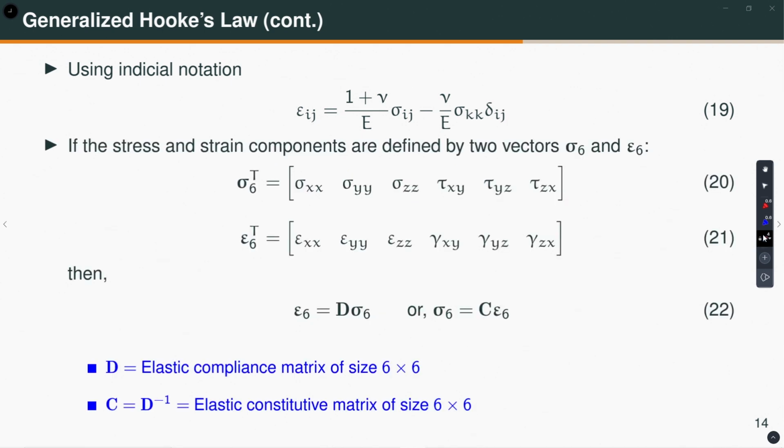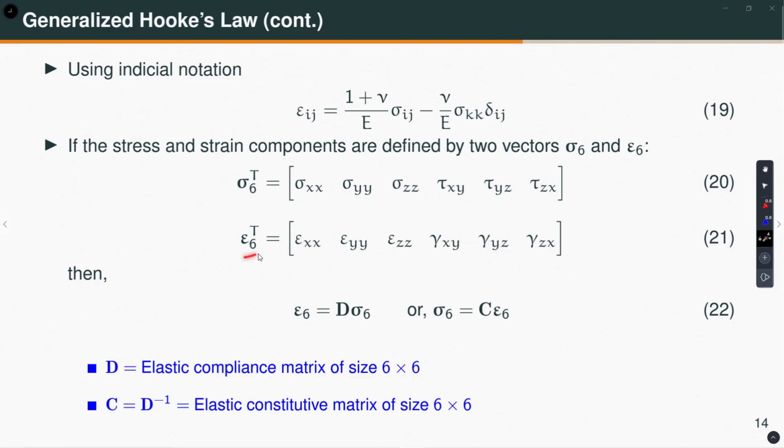What if I write all the stress and strain components into vectors? Let us say all the stress components I write in a vector sigma with a subscript 6, to remind us I am writing only the 6 components, and similarly epsilon 6 for all the strain components. Sigma 6 transpose, because I am writing horizontally, is sigma xx, yy, zz, tau xy, tau yz and tau zx.